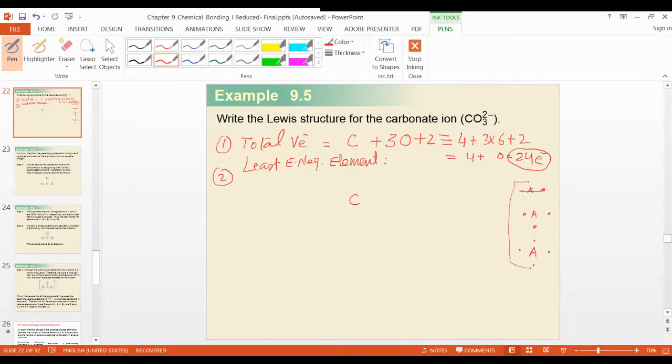So now I will put oxygen here, 1 and 1 oxygen here and 1 oxygen here. Now what about the third point? The third point is the skeleton, right?